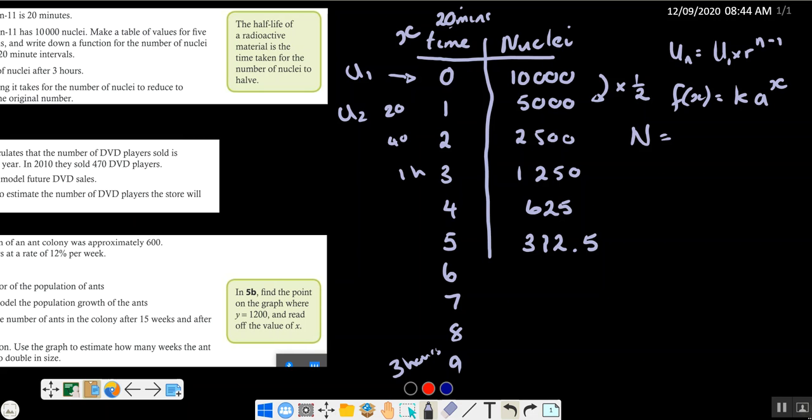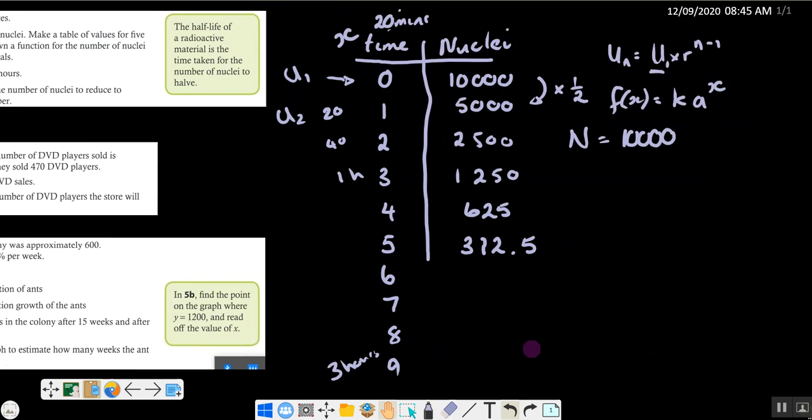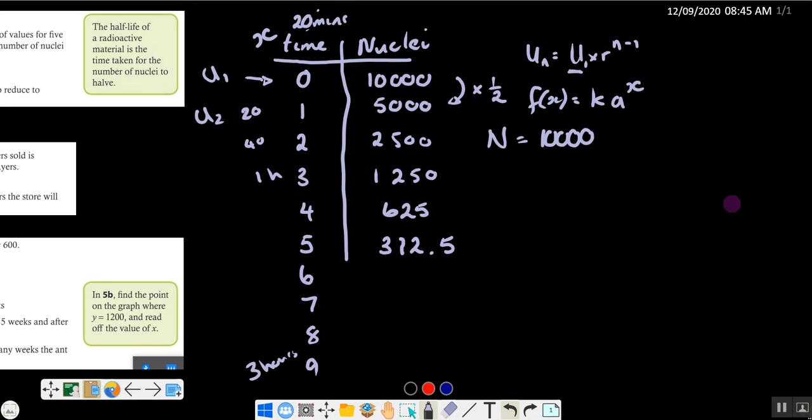So that'll be the 10,000, which makes sense, because 10,000 is the U1. There's no difference there. Multiplied by, what's a? The ratio, which is a half. I'll put it in brackets, and then to the power of x this time.